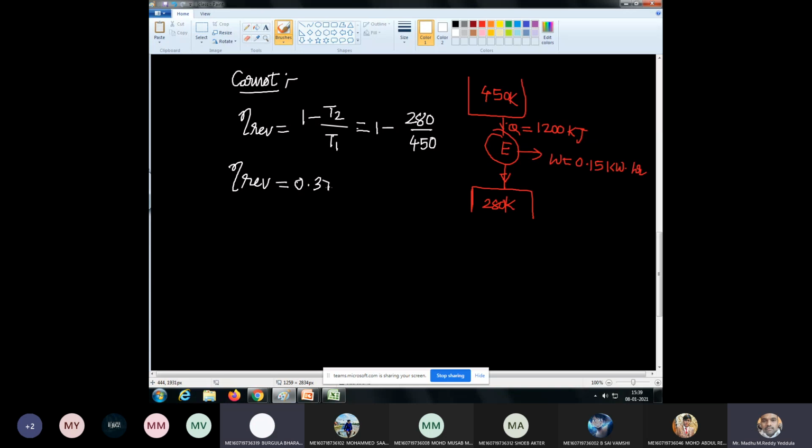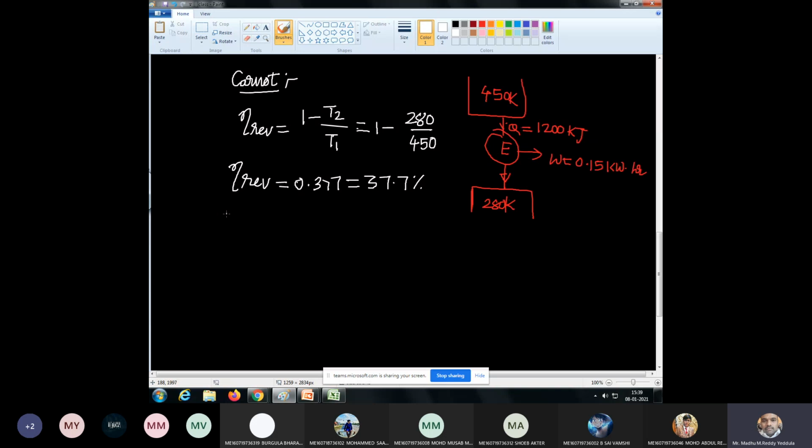Very good, 0.377, or I can say it is 37.7 percent. Means if my engine efficiency is less than this, then it is acceptable. Agree? If this engine efficiency is less than this, then that is acceptable, or else it is not acceptable, right?